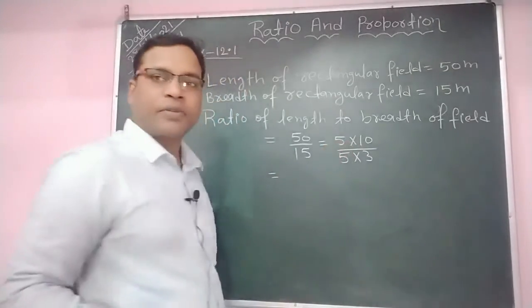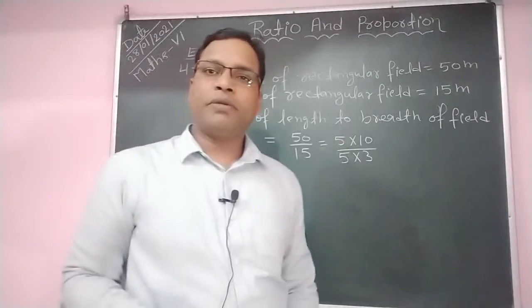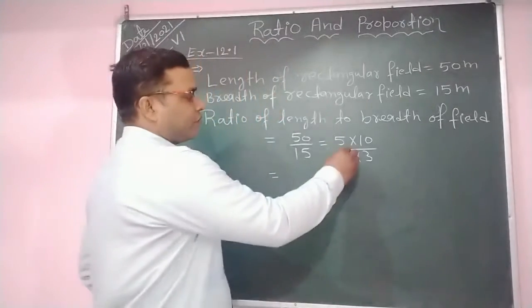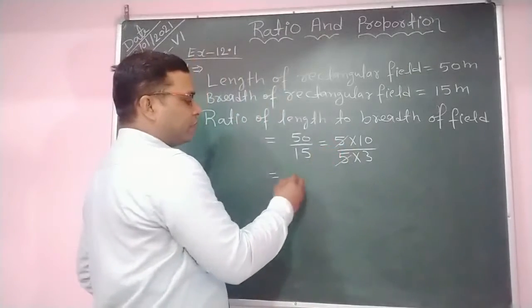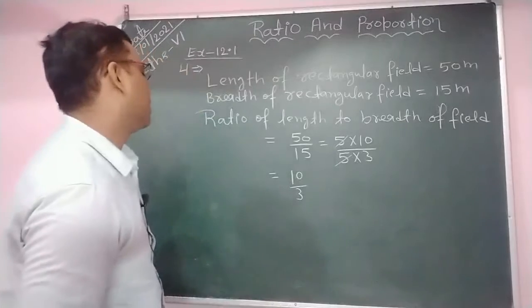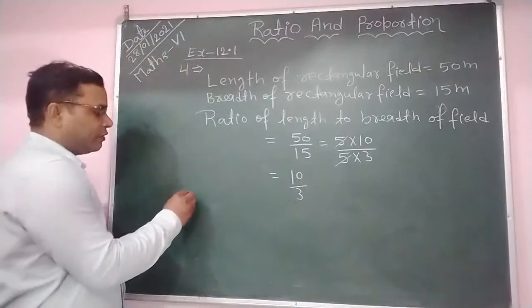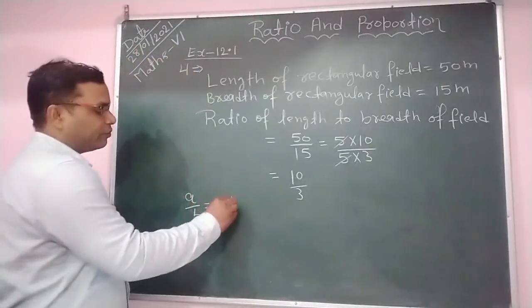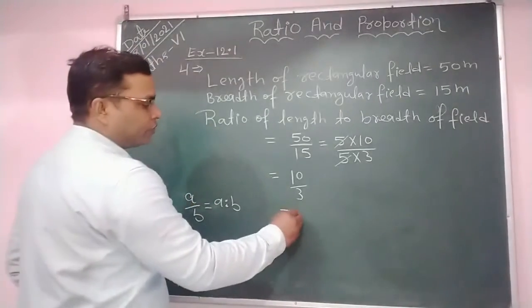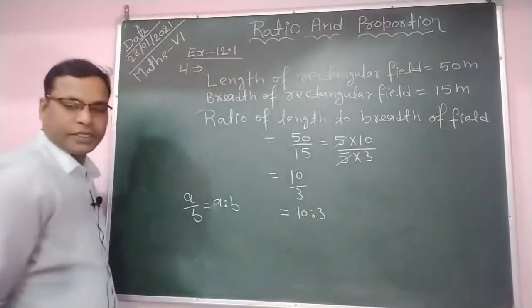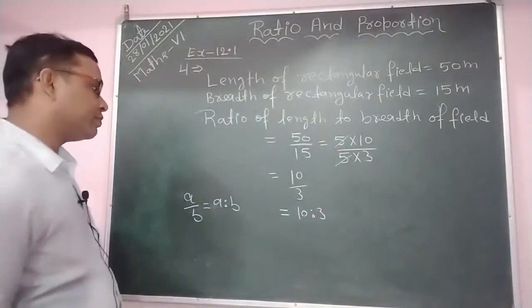Here you can see 5 is common between the numerator and denominator, so it will be cancelled. 5 cancelled, then we get here 10 by 3. And students, we already discussed, if A by B, you can write it as A ratio B. So this is equal to 10 ratio 3. Clear?